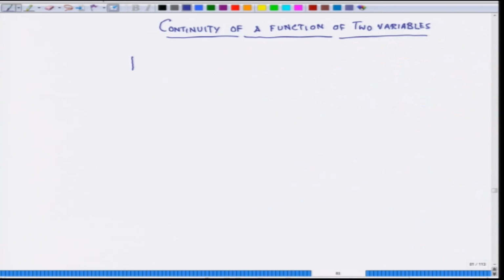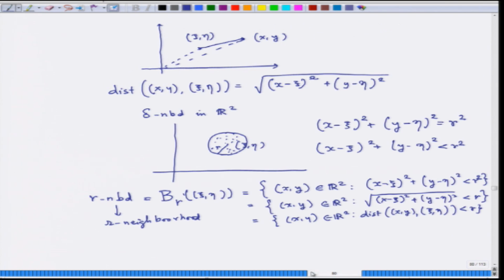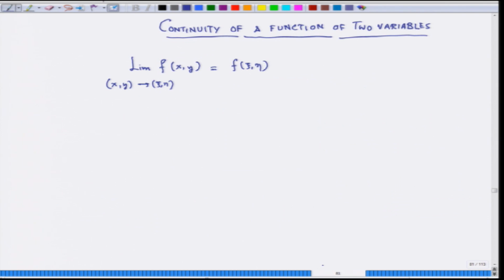Again, if I go back and try to mimic the definition that I have learned for real variables, continuity would mean the following. But what does it really mean in terms of the neighborhoods that we have defined in the last lecture? This is crucial.